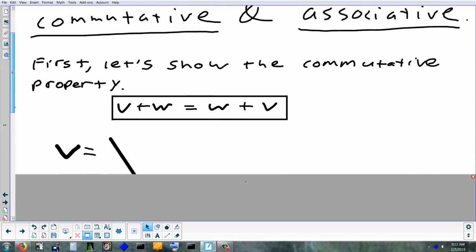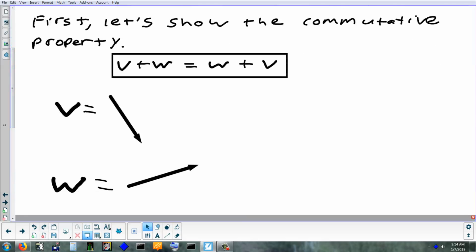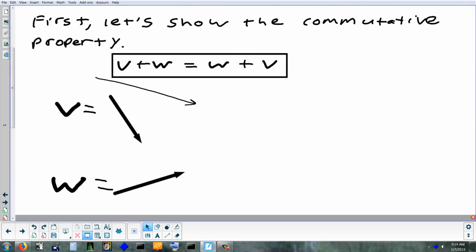So let's do V plus W. I'm going to take V, and this is really something you should just watch. Put W on the end. Now if I used a ruler and actually measured and did it nice, it might come out a little better, but it's probably close enough. So that's V plus W. I'm going to put it under the left part.